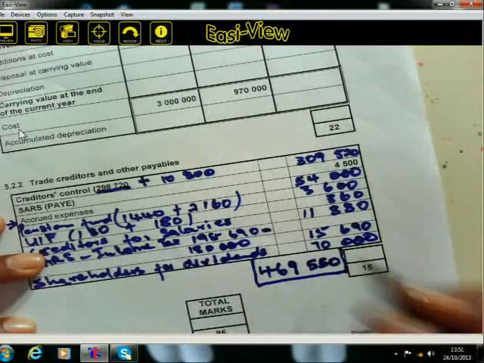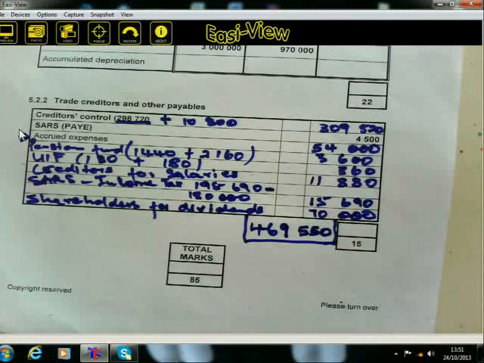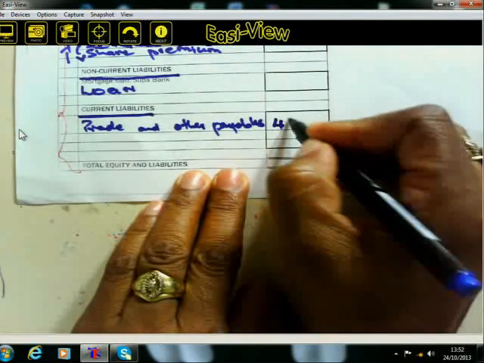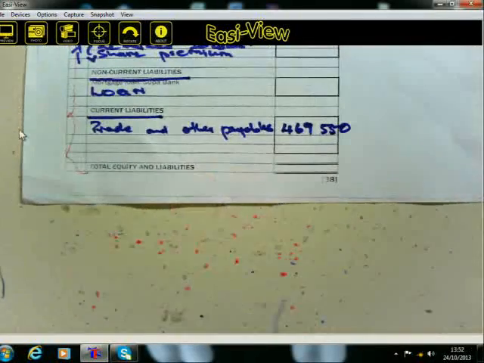That is the total amount for our trade creditors and other payables. So if we are doing the balance sheet, we don't have to do anything. When we are in the balance sheet here under trade and other payables, we just enter this amount of 469,550.